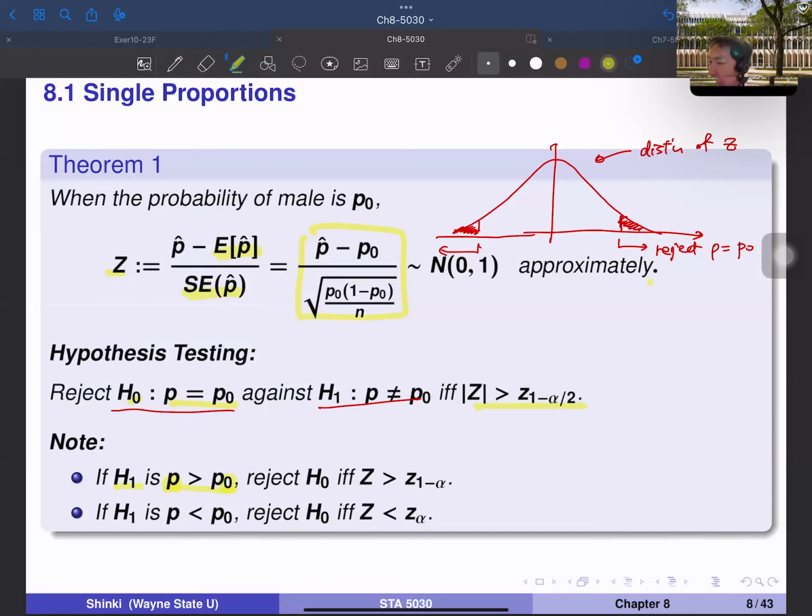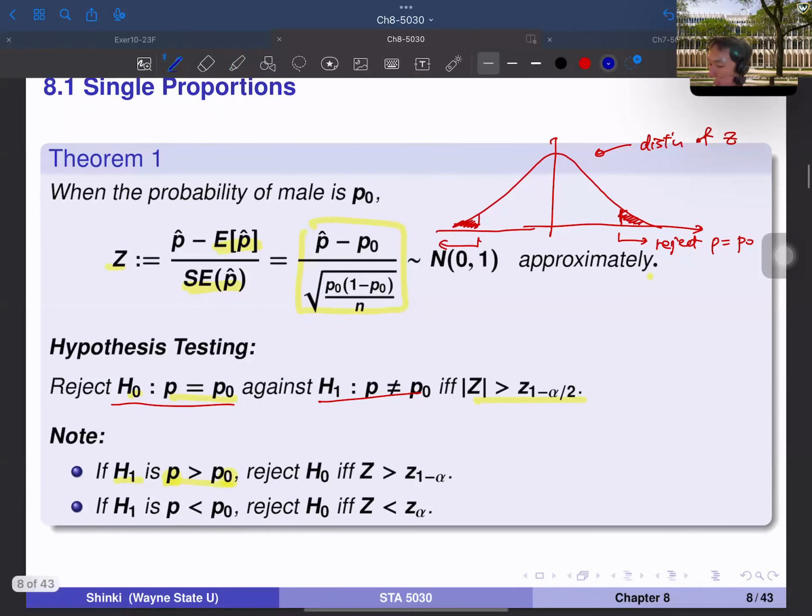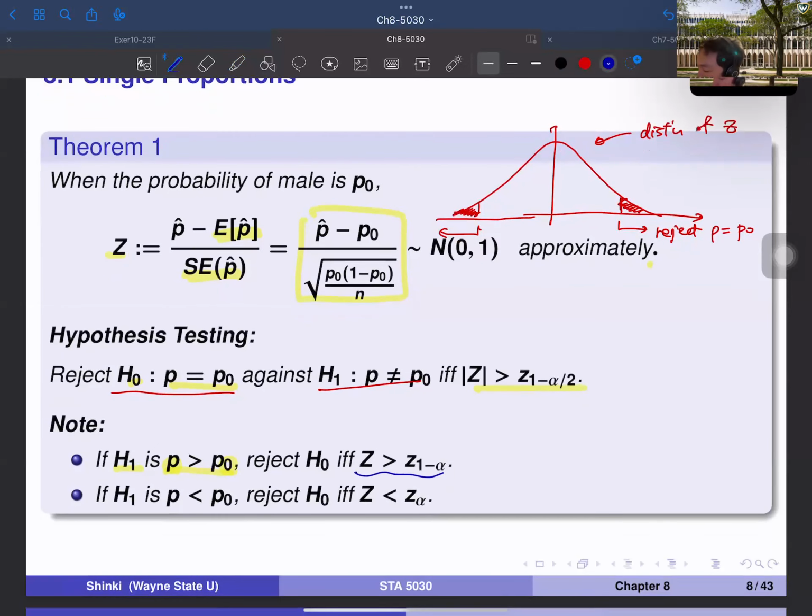In such a case, we reject if the z statistic falls in this range, the right 5%. For the two-sided test, we throw away probability alpha over 2 on both sides, but for the one-sided test, we throw away the tail probability of alpha only on the right-hand side.